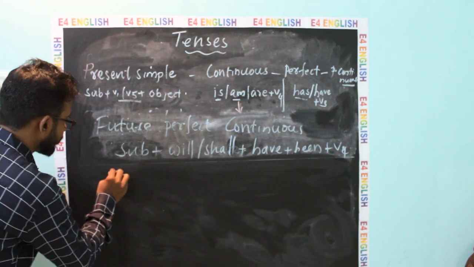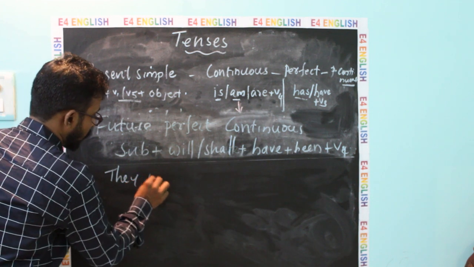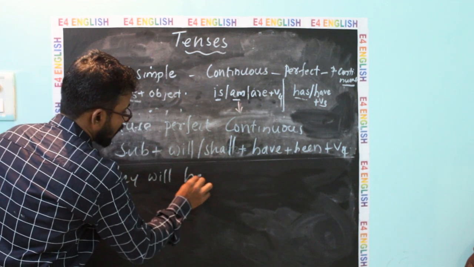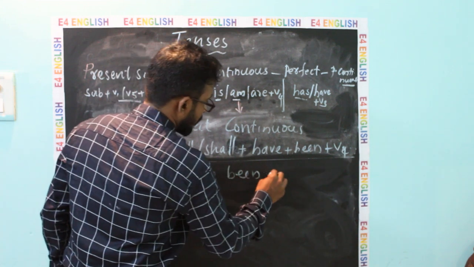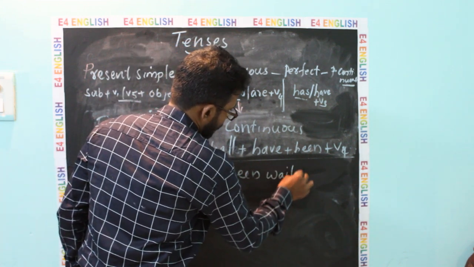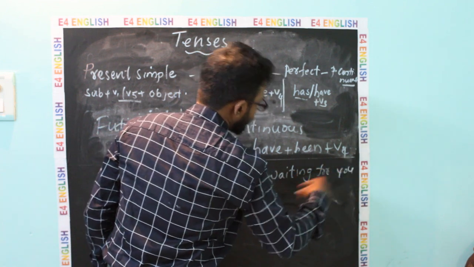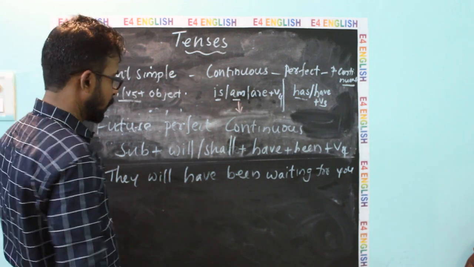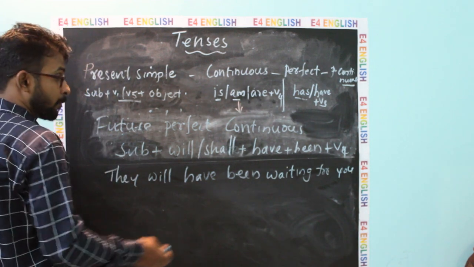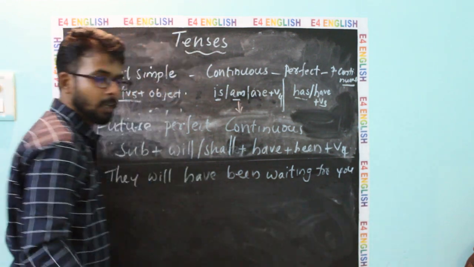So any subject, they will have been waiting for you. Then it's continuation, that means whatever continuation that I will give you in the remaining form. They will have been waiting, they will have been studying, or whatever it is.